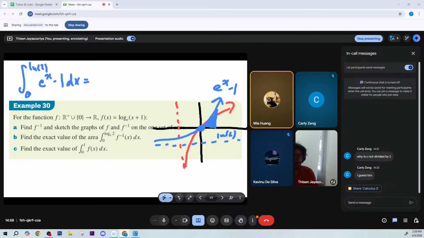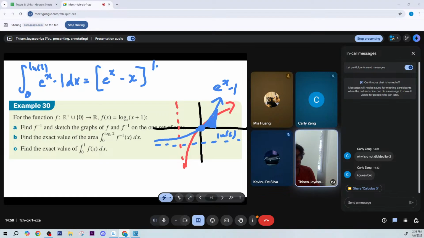Is it just e to the x minus x? Yeah. So e to the x minus x from 0 to ln of 2. We'll do g of ln of 2, take g of 0, where g of x equals e to the x, take x. What is g of ln of 2?